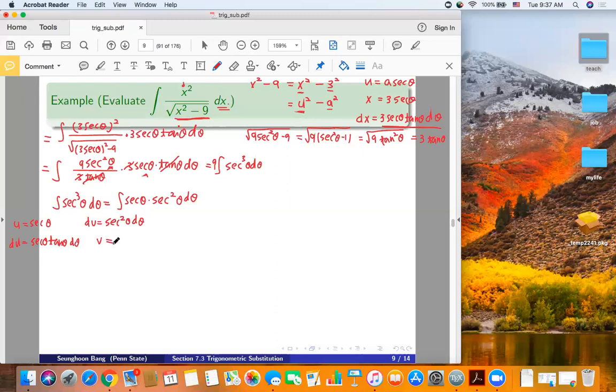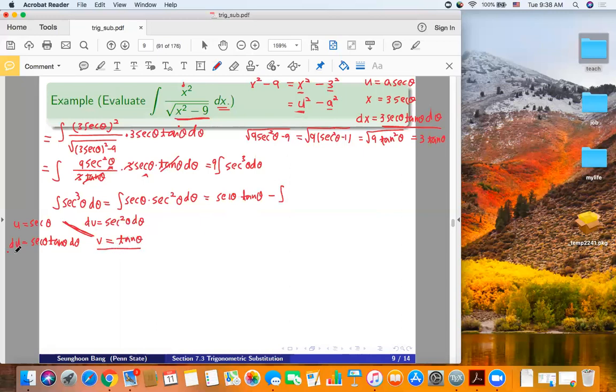Find v. Do you know v? dv equals secant squared theta d theta, so v is the integral of secant squared theta, which is tan theta. Next, u times v: secant theta times tan theta, minus the integral of v times du.